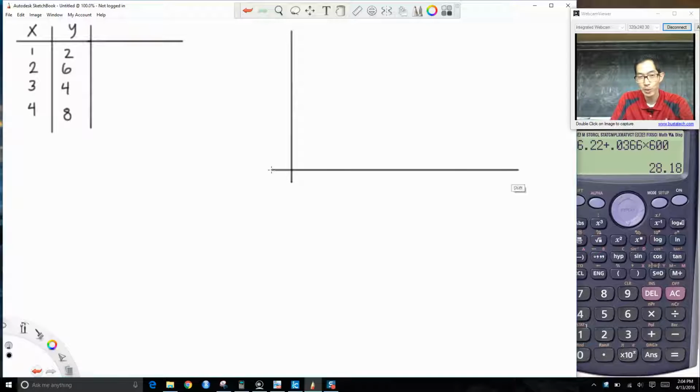We created a scatter plot, and we said 1, 2, 3, 4, and over here we've got 2. Then 1, 2; 2, 6 goes there; 3, 4 goes right there; and 4, 8 is up here.